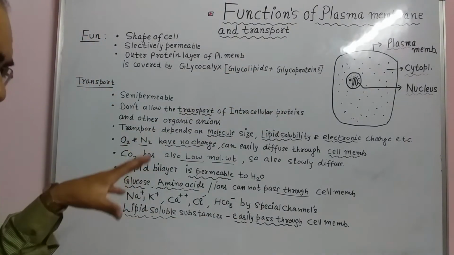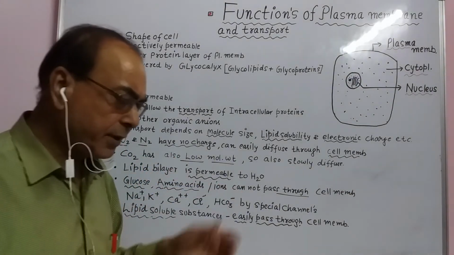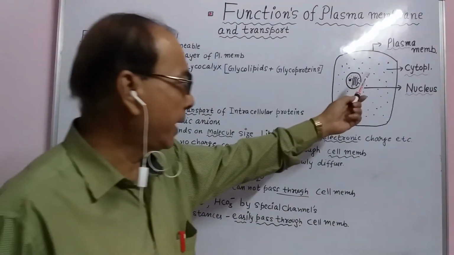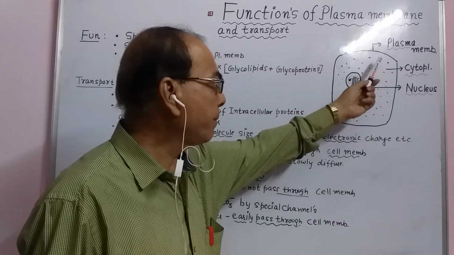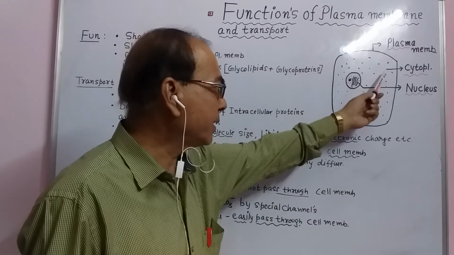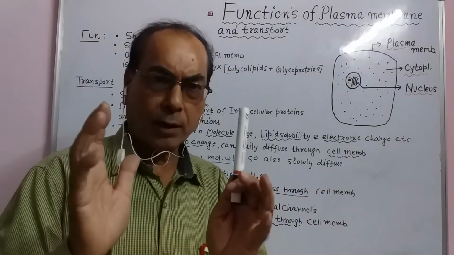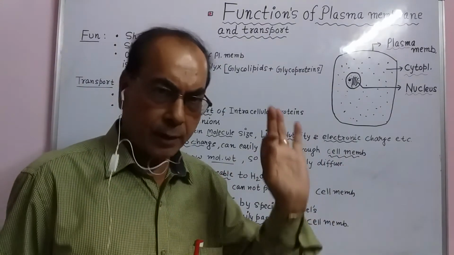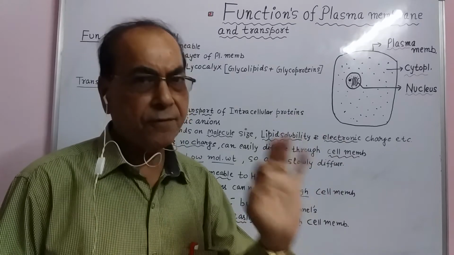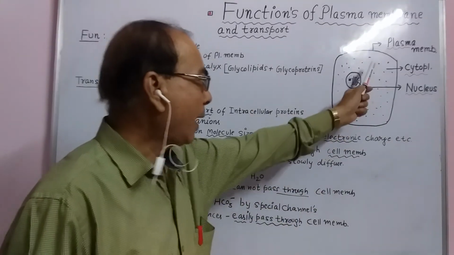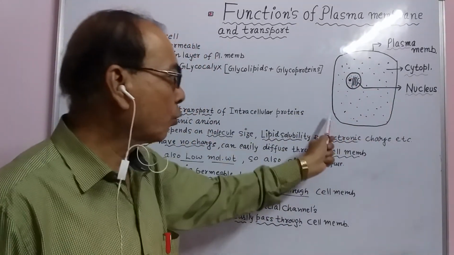So in this way, as we have shown in the diagram, there are three important parts: the plasma membrane, cytoplasm and nucleus. Especially here we have emphasized only the outer part, the plasma membrane.